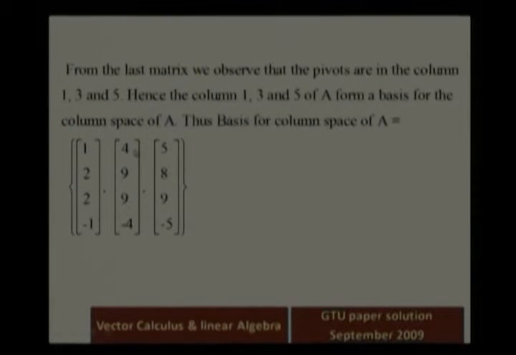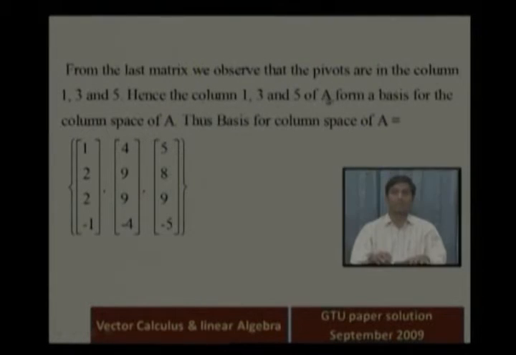From the last matrix we observe that the pivots, that means leading entries, are in columns 1, 3 and 5, hence columns 1, 3 and 5 of A form a basis for the column space of A. Thus the basis for the column space of A is 1 2 2 minus 1, 4 9 9 minus 4, 5 8 9 minus 5.